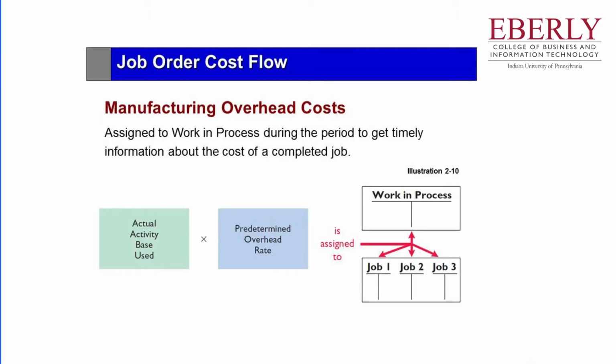But when the job is done, you know the actual activity that has taken place, and you multiply it by the predetermined overhead rate. If job 1 has used, say, 5 hours and the predetermined overhead rate is $20 per hour, then 20 times 5 gives you $100. Similarly, it can be allocated to job 2, job 3, etc.